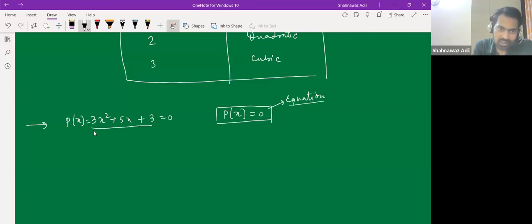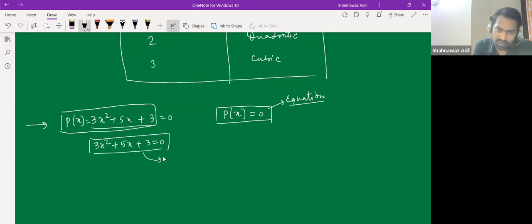This was a quadratic polynomial, but if I equate it with 0, it will be called a quadratic equation. If I put it equal to 0, then I'll get the solution, or the values of x where p(x) is 0.